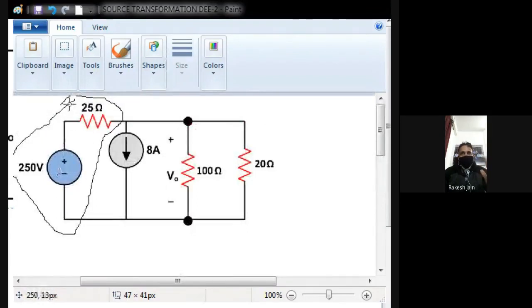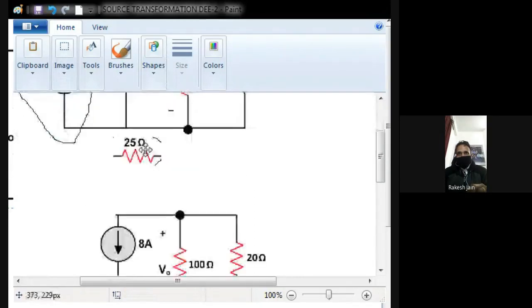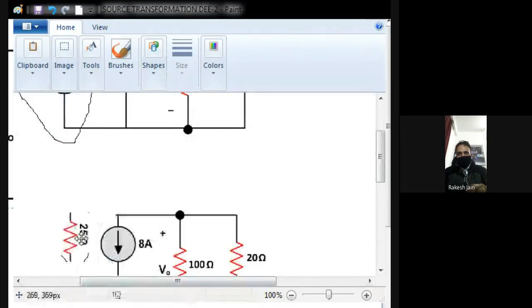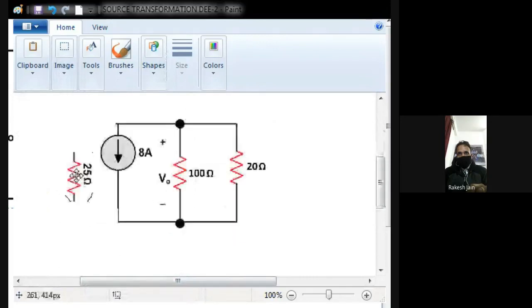So the resistance value will be the same, 25 ohm, but it will come in parallel. So I just rotate it. Now this 25 ohm resistance comes in parallel.